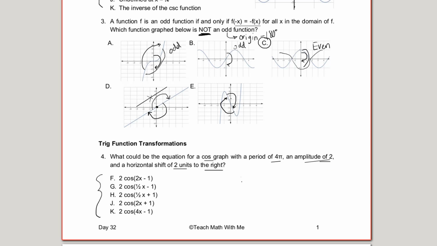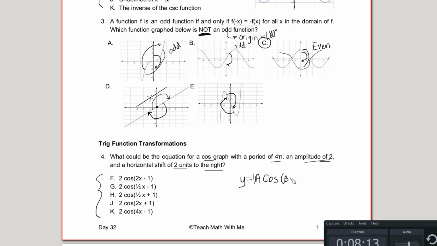And remember our form of the equation is going to be our amplitude times the cosine of bx minus c plus d. Okay, we have any kind of vertical shift, and we don't mention that in any of our wording here, so we're actually not going to have that.